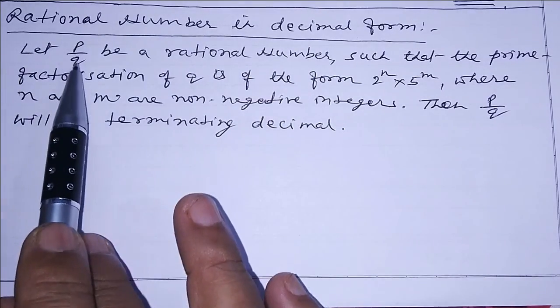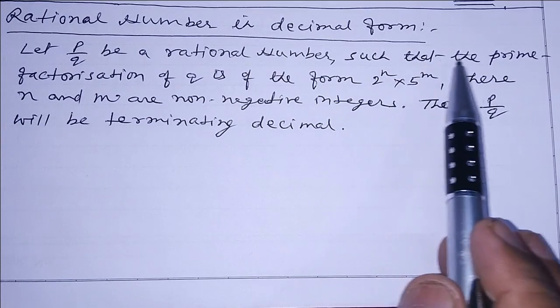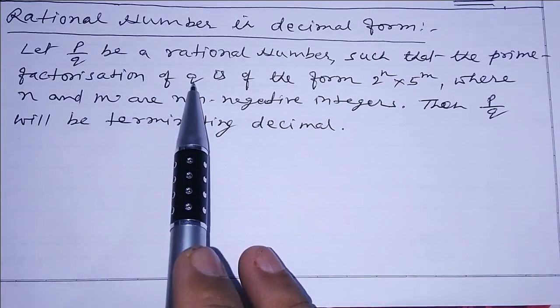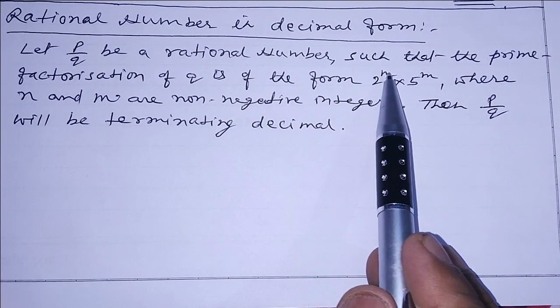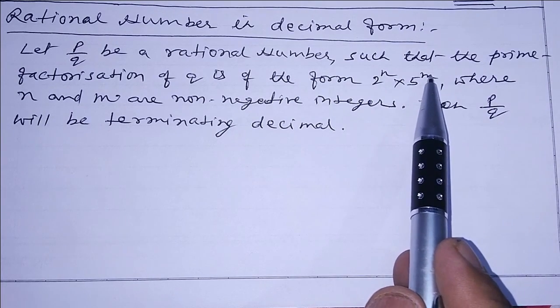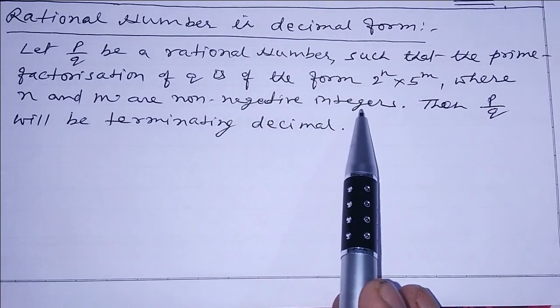Let p by q be a rational number such that the prime factorization of q is of the form 2 to the power n into 5 to the power m, where n and m are non-negative integers.